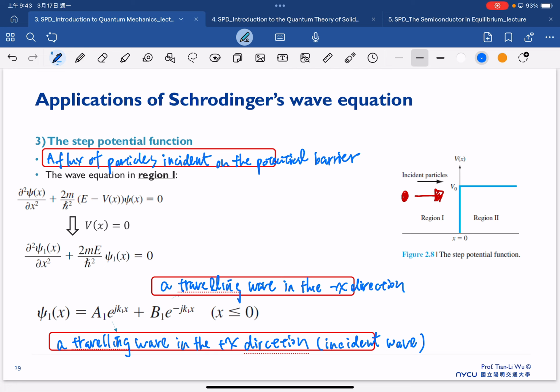From the physics-based sense, we can already guess that if you have an incident wave in free space, this incident wave will face a certain barrier for sure. In region 1, there are only two possibilities for this particle: one is to travel to the right, and of course, the other one is reflection.